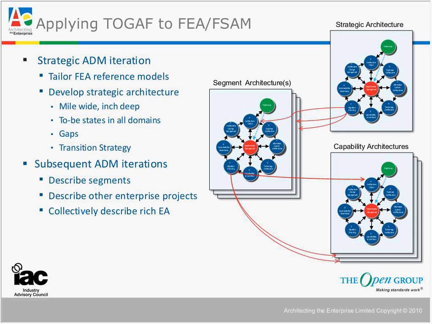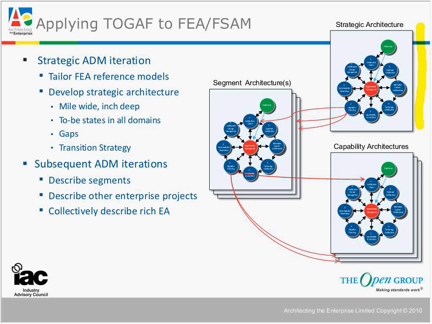So how do we apply TOGAF to the federal environment? We can do a strategic iteration of the ADM. Here we're going to tailor our FEA reference models, and also develop a strategic architecture which is mile wide, inch deep, to-be states in all domains, gaps, and a transition strategy.